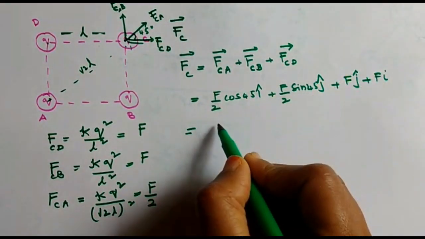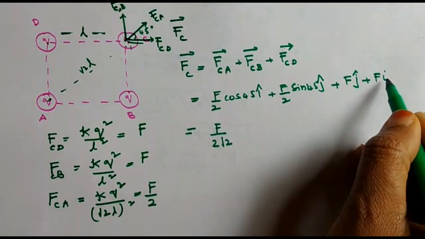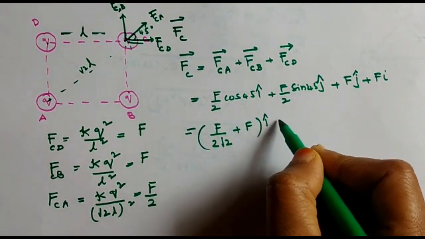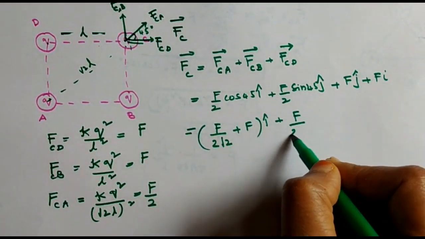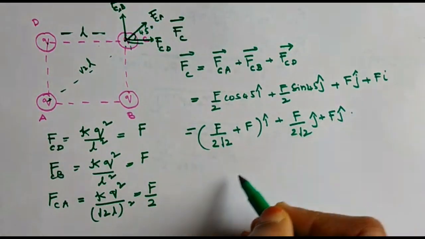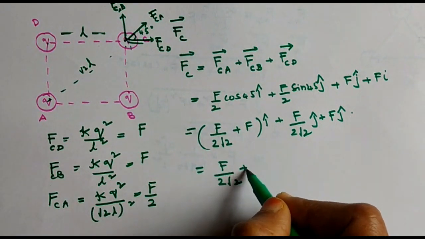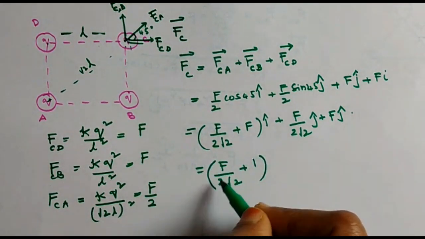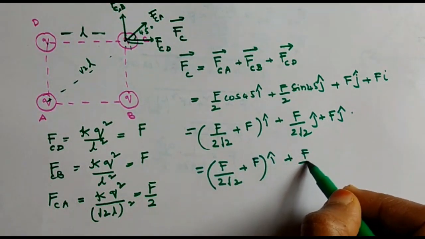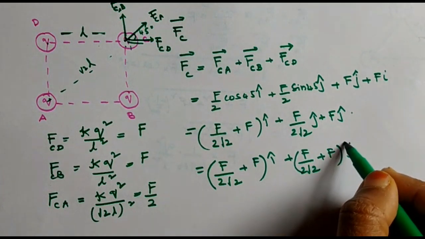put all I's and J's together: F by 2 root 2 I cap plus F I cap. Similarly, F by 2 root 2 J cap plus F into J cap. Take out the caps common: F by 2 root 2 plus 1 I cap, plus F by 2 root 2 plus 1 J cap.